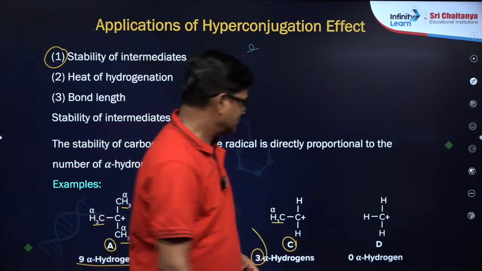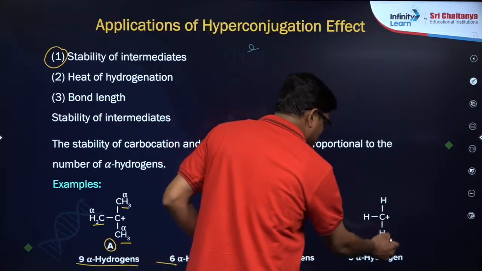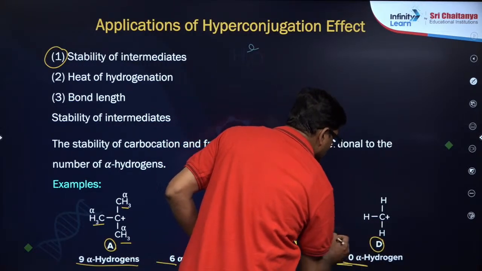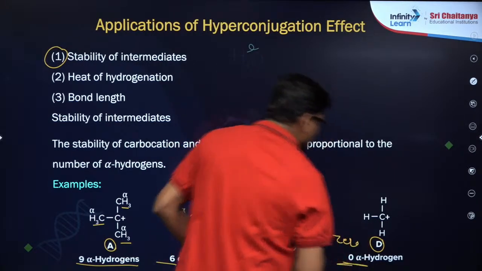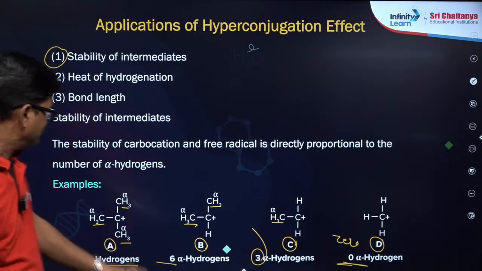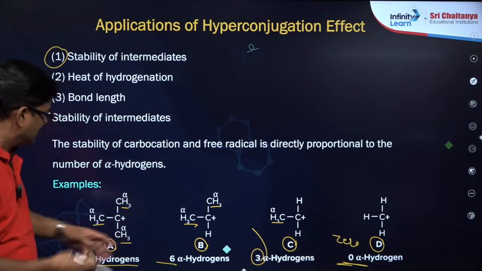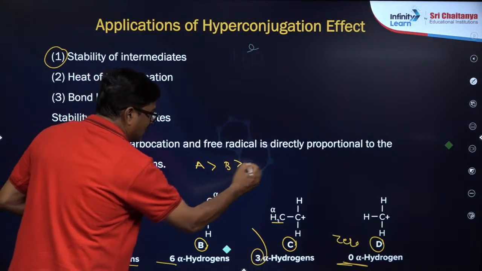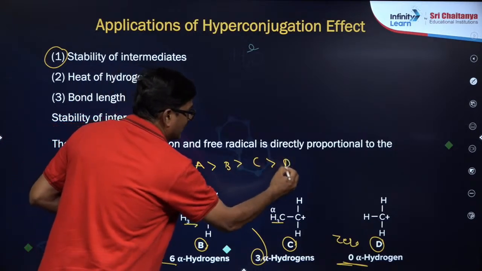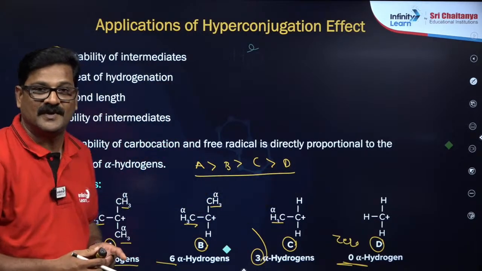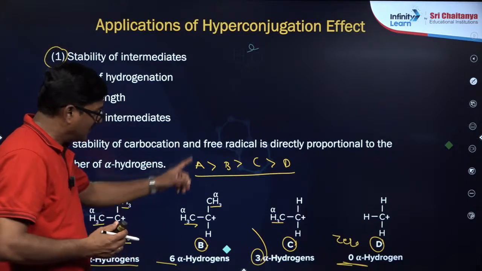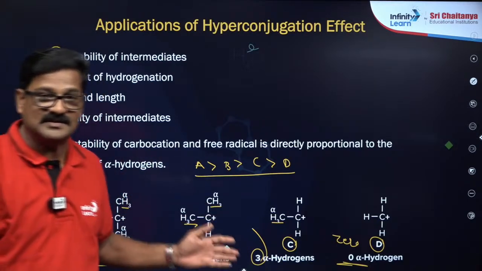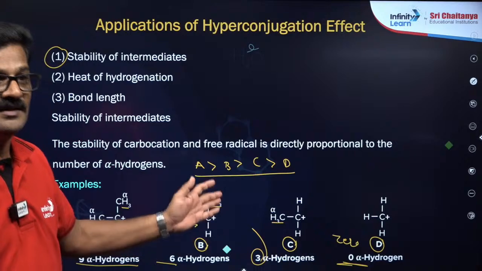And structure D has 0 alpha hydrogens. Now the hyperconjugation is A greater than B greater than C greater than D. Understood? And the stability is A greater than B greater than C greater than D.